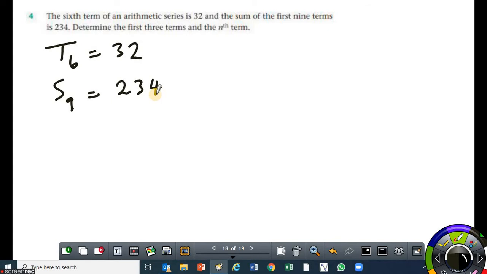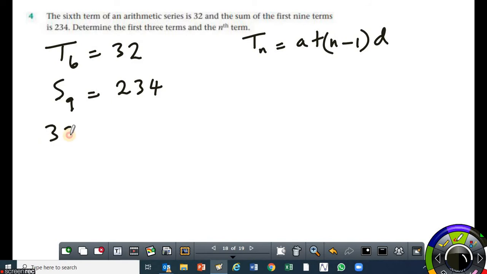Sometimes when you are doing these questions, your knowledge of simultaneous equations is required. That's why I did simultaneous equations in grade 10 and 11. So for that T6, I can use the Tn formula. Remember, Tn is equal to a plus n minus 1 times d. Where there is Tn, I'll put 32.